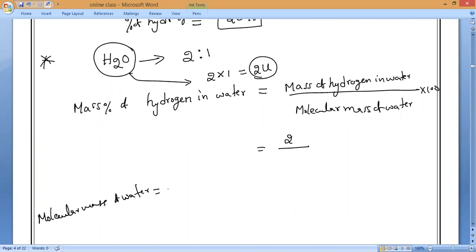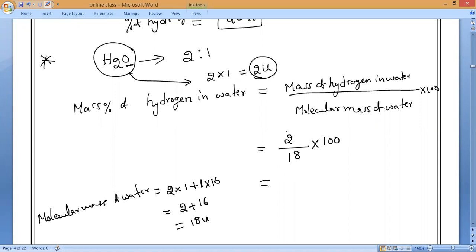Number of atoms of the first element, 2, into the atomic mass of the first element, 1, plus the number of atoms of the second element, oxygen 1, into the oxygen atomic mass, 16. That is 2 into 1, 2, plus 1 into 16, 16. So the total molecular mass is 18 u, divided by 18 into 100.